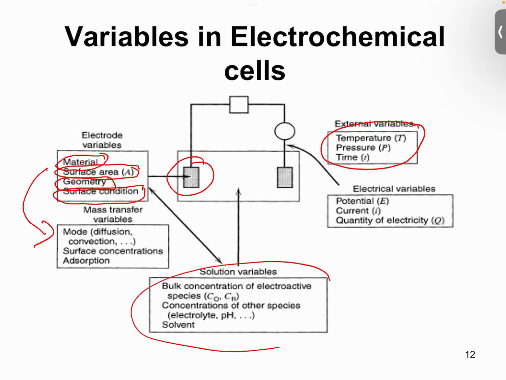Okay, this one, of course, when we develop an electrochemical technique for detection, we have to consider the effect of electrolyte, pH, and concentration as well. Okay, so these are usually among what we study.